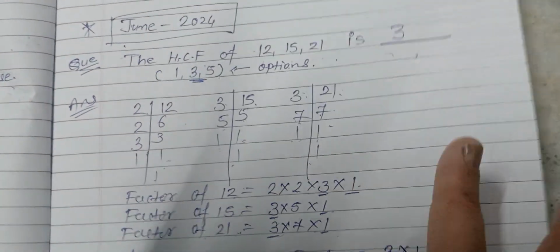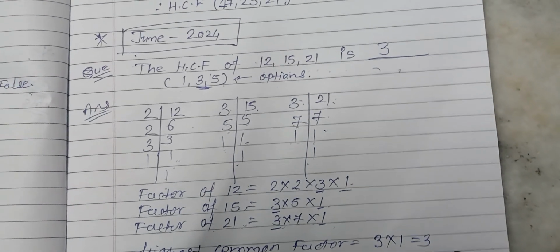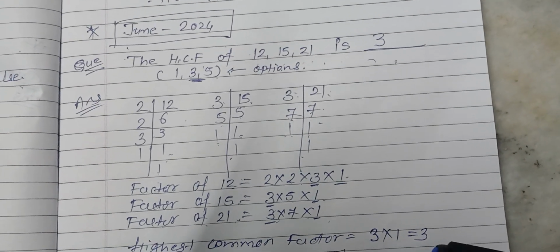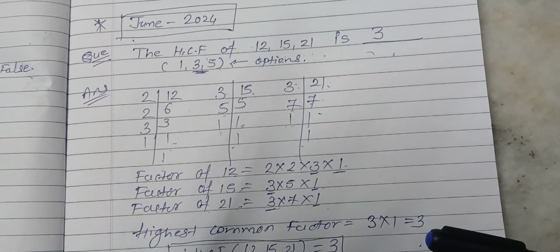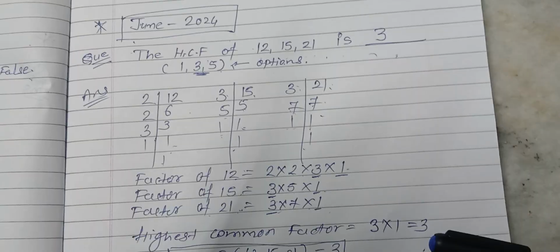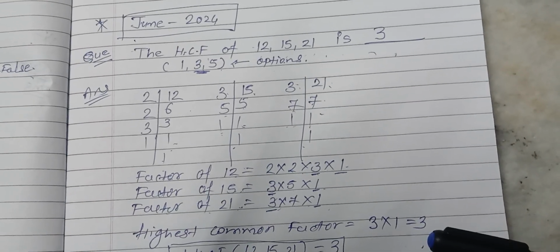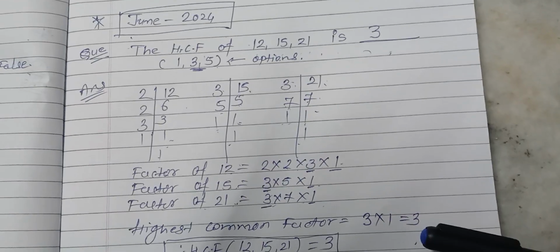What I have tried to do is identify all the HCF examples from various board examinations which were asked in the Gujarat Board 10th standard maths paper. So you have a very clear understanding of how to find the HCF.